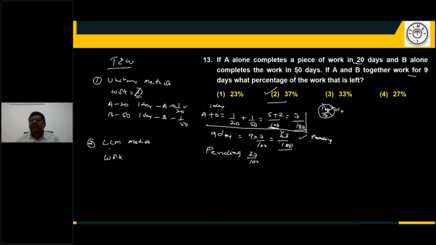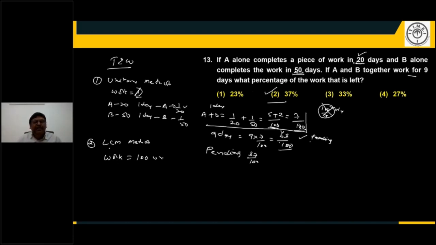So here, 20 and 50: LCM is a number that is divisible by the given numbers, so take a number that is divisible by 20 and 50. Now if you assume like this, you can do quick calculations in your mind.